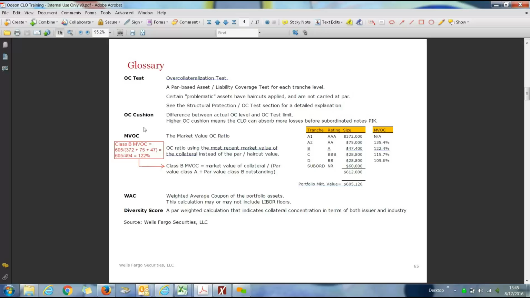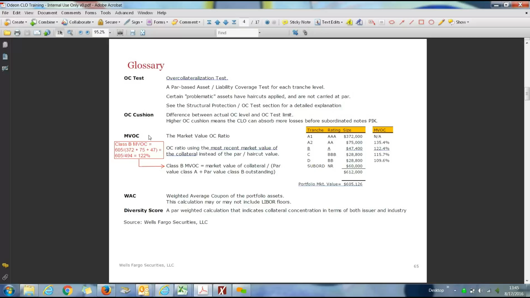Now, the other big term here that we've heard about, and this shows you how you calculate it, at least for the Class B MVOC, is MVOC, okay? And basically, the only difference between par over collateralization and market value over collateralization is the pricing of the assets at market value.